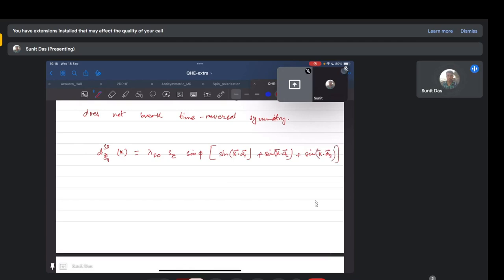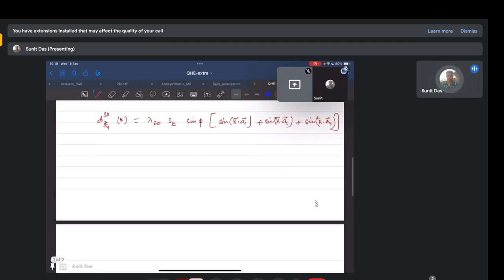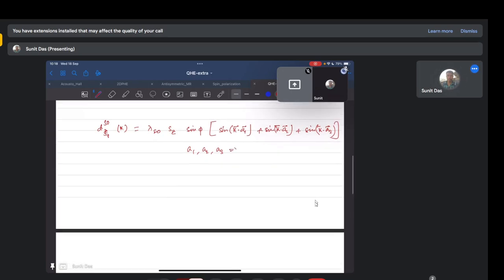Okay. And a1, a2, a3 are nearest neighbor vectors. Actually this should have been next nearest neighbor vectors, right? So next nearest neighbor.